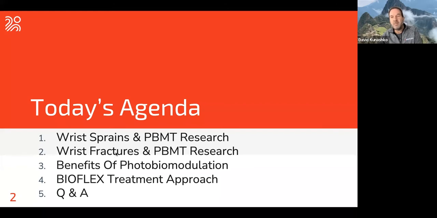Then I'll talk about using BioFlex and how you might approach it. Again, this is geared towards professional equipment, so using a class 3B laser probe. Those of you who have the BioFlex personal therapy system, some of this is relevant, but you don't have a probe, so that portion wouldn't be overly relevant.